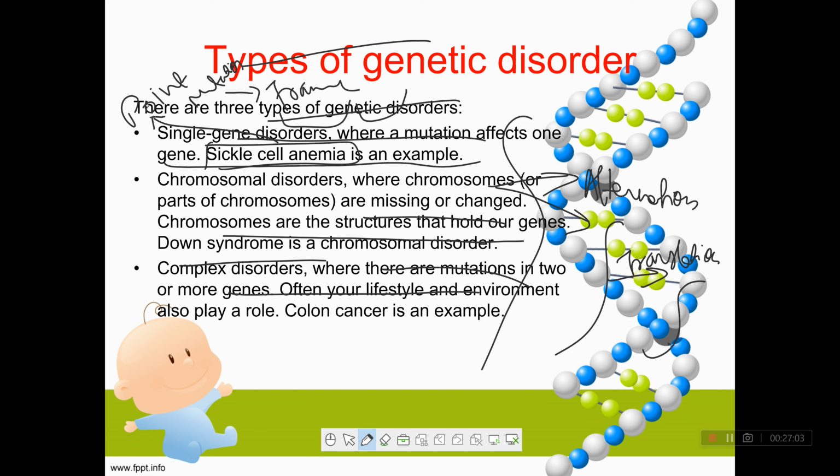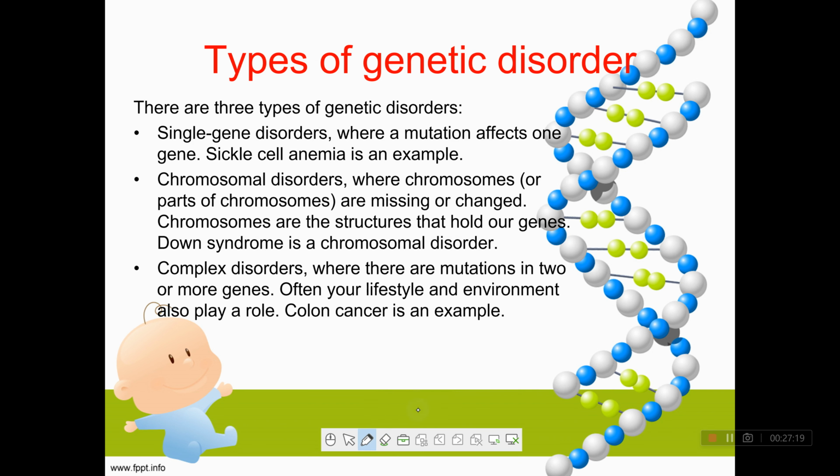Right? Next is chromosomal disorder. In chromosomal disorder, chromosomes are missing or changed. Chromosomes are the structures that hold our genes, right? If changes or alterations occur in that chromosome, then that acts as a disorder.